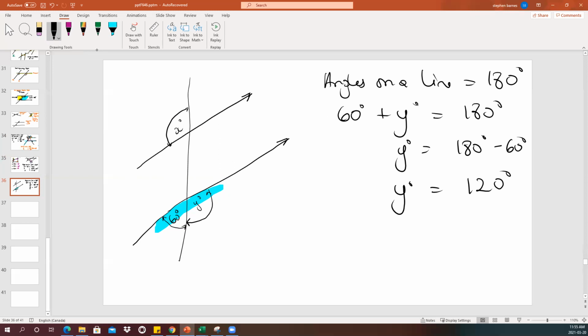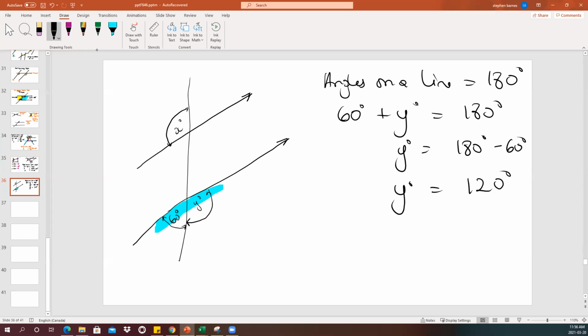We can either do it by the vertical, the corresponding angle, or we can do the Z angle, the transverse angle. What you say we can do the vertical? Yes. What is vertical? Y. Down the bottom, we have Y angle, measures 120 degrees.